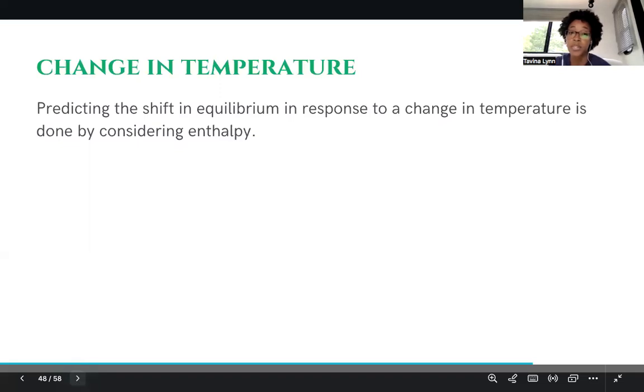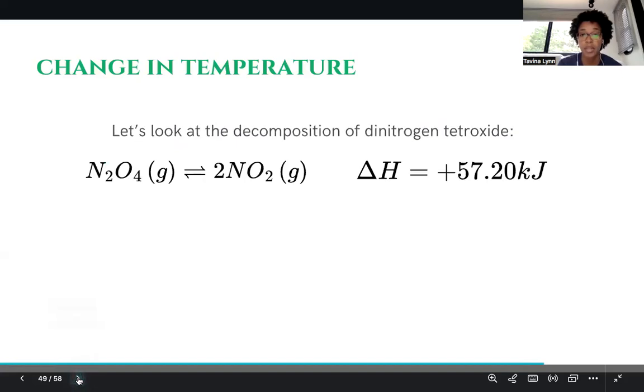So in order to predict the shift in equilibrium if we change the temperature of a system, we predict this by looking at enthalpy. We have to look at the enthalpy, or delta H, of a reaction.